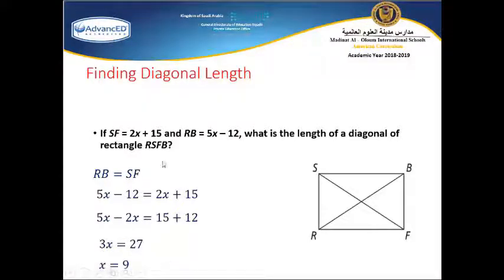By making a substitution in either equation, let's use the first one. Instead of x we put 9, then 2 times 9 plus 15, 18 plus 15 equals 33. Then RB equals SF equals 33.